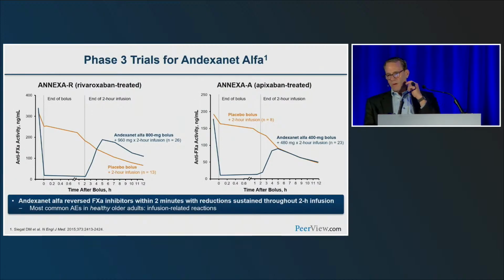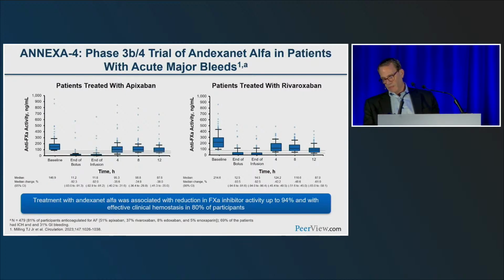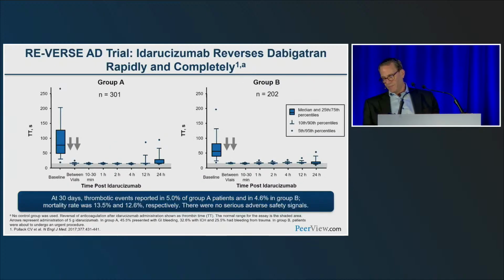And these Anexa-R and A were in non-bleeding patients, and they were done before Anexa-4 even, to establish efficacy prior to doing bleeding trials. Then you can see, and we've seen this play out in Anexa-4, and I'm sure it'll play out in Anexa-I, you get the reduction in anti-10A level very rapidly, and then a bit of a drift up to where you would see on a placebo line at 4 hours, whereas idarucizumab stayed down longer.